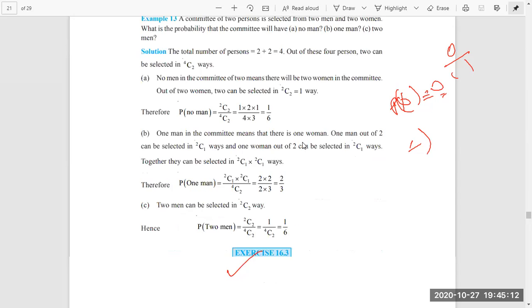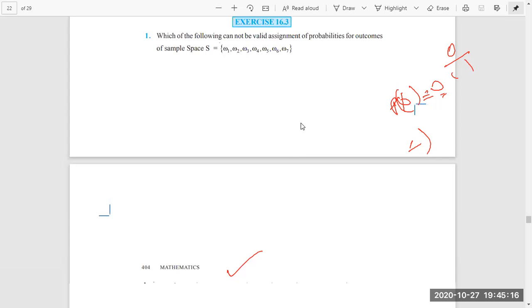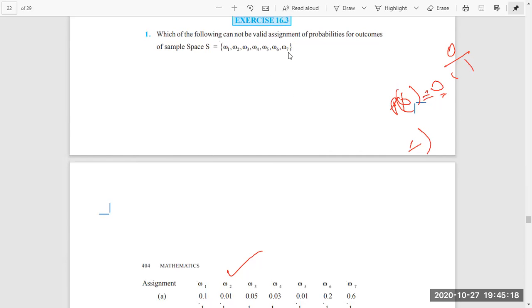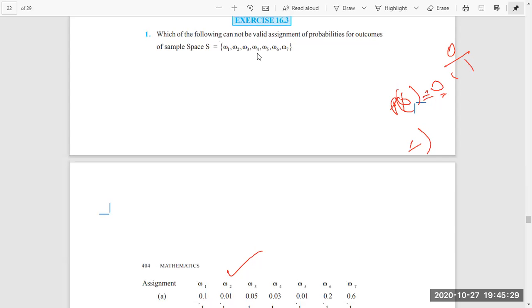These are tough questions. Let's solve some questions so that you will have an idea. Which of the following cannot be a valid assignment of probabilities for outcomes of the sample space S, which is omega 1, omega 2, omega 3?